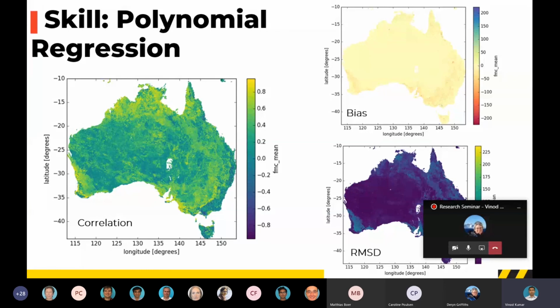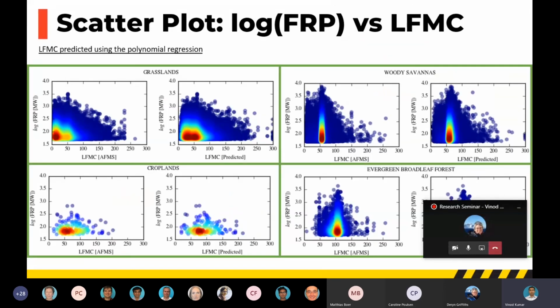Okay, so this is another evaluation we did. It's basically collocating the predicted and the observed live fuel moisture content data over grid points where there are hotspots detected by the MODIS instrument in the MODIS fire radiative power data set, and we can also use the MODIS land use land classification data to classify each and every site, and then segregate based on the land use classification.